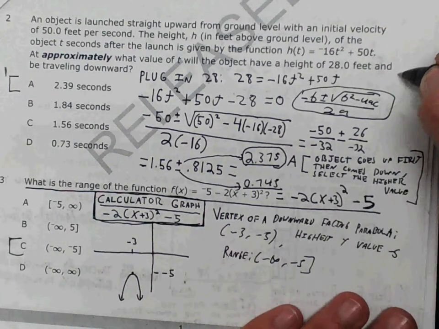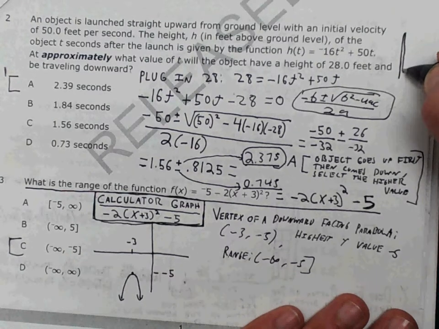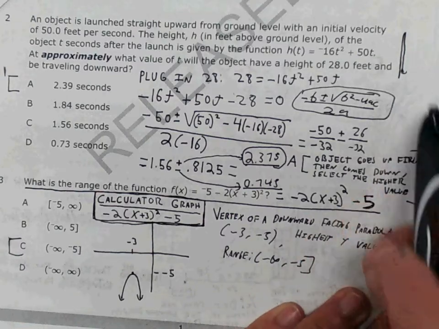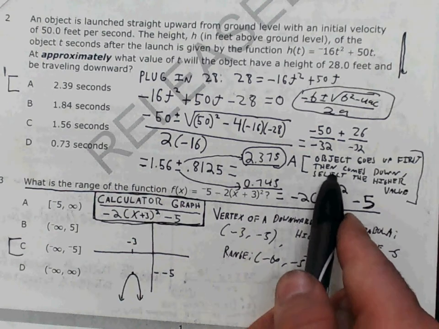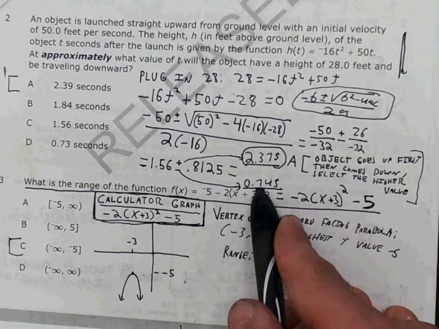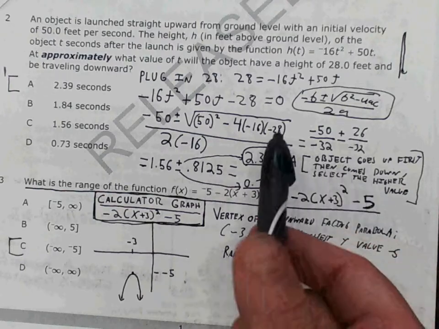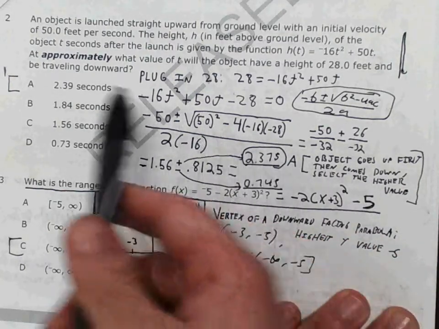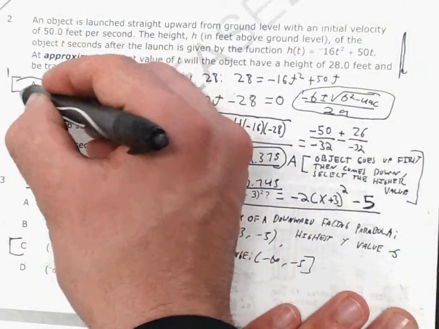The object is launching straight up, so it's first going to go up and then come back down. So the later time is the time when the object is coming downward, because we're trying to find when the object is at 28 feet and traveling downward. So out of our 2 times when you evaluate the quadratic formula, it's going to be 2.375. The closest answer is approximately 2.39, so we choose answer A.